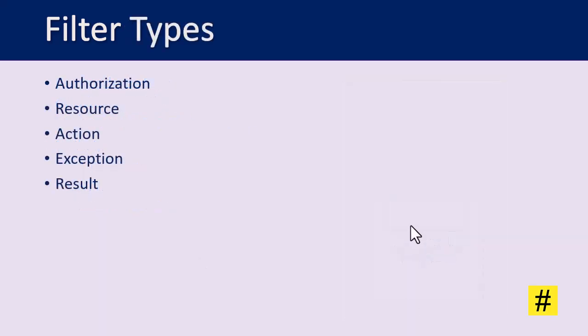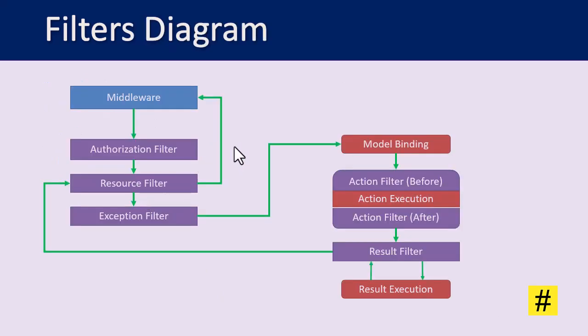There are different filter types in ASP.NET Core: authorization, resource, action, exception, and result filter. These filters happen in different stages of the request response pipeline. Your endpoint routing, which is a middleware, finds out that you are running a controller or a Razor page and sends the request response through these filters.